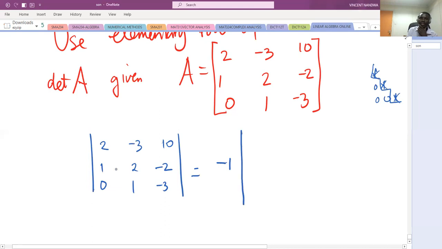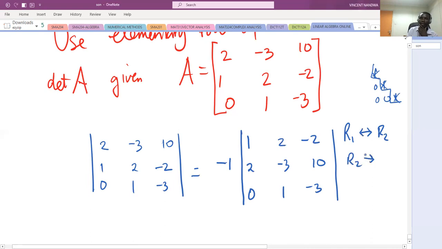So I interchange these two rows. I write here 1, 2, minus 2, 2, minus 3, 10, and then I fix row 3. So what I've done is that row 1 has been interchanged with row 2, and then row 3 remains to be row 3.